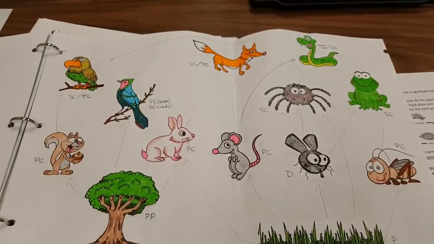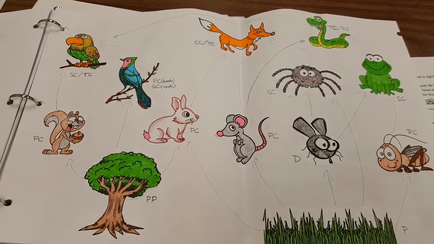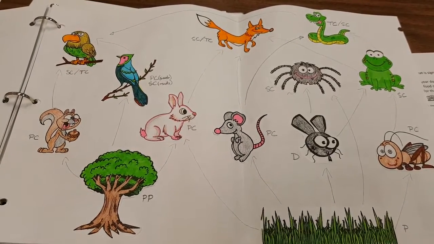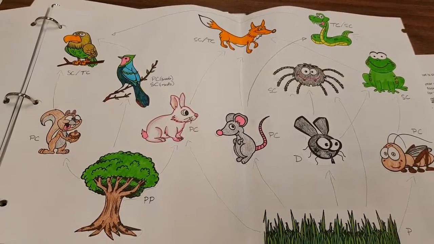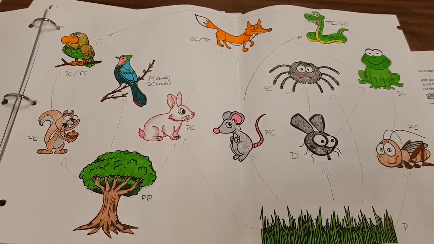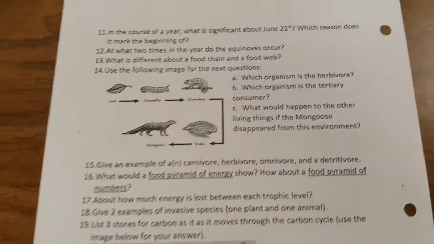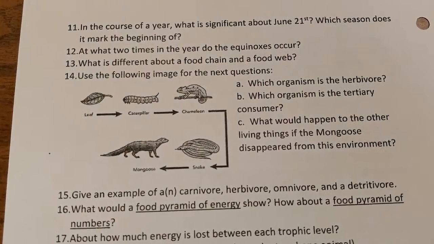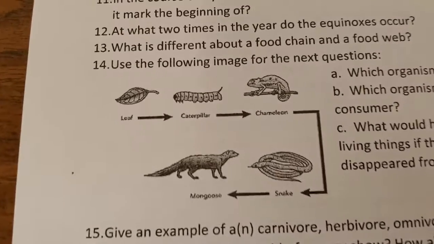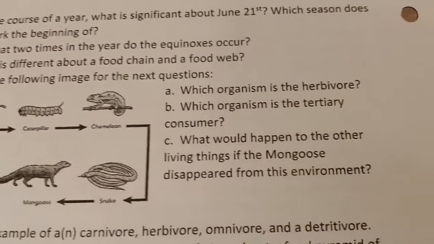It's like this one here, where one organism could be eating two different things, or be eaten by two different things, or three different things.